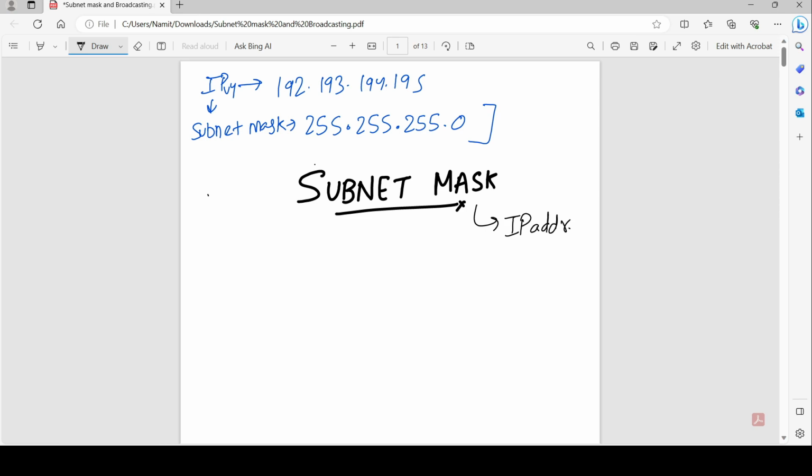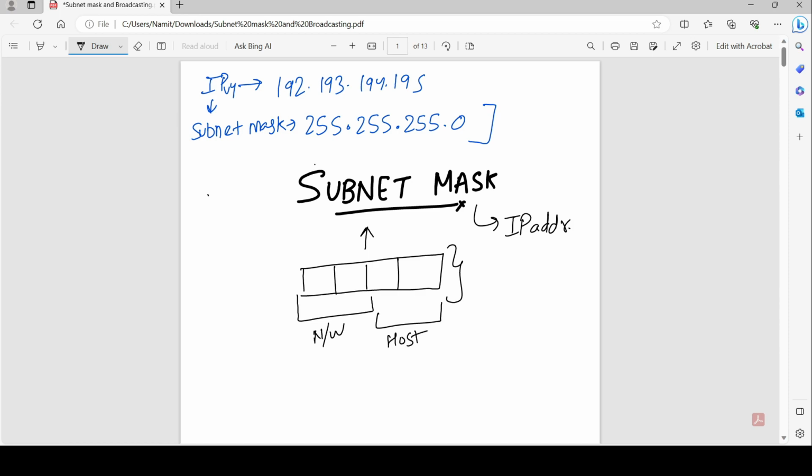Now with the help of this thing known as subnet mask, devices can actually look at the IP address, which is obviously of 4 octets as per yesterday's class. With the help of the subnet mask, devices can look at the IP address and identify how many bits are there as network and how many bits are there as host.